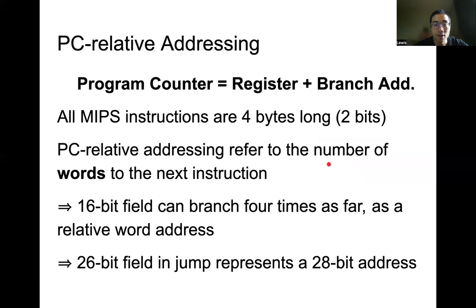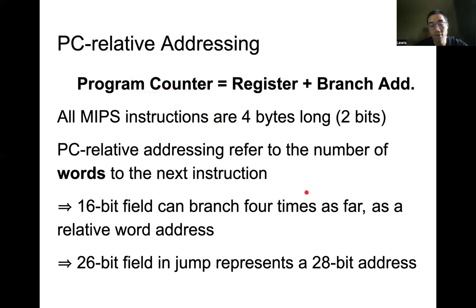Now let's look in more detail. Remember, all MIPS instructions are 4 bytes long, 32 bits. The PC-relative addressing refers to the number of words to the next instruction, and it's relative because everything is relative to your program counter.